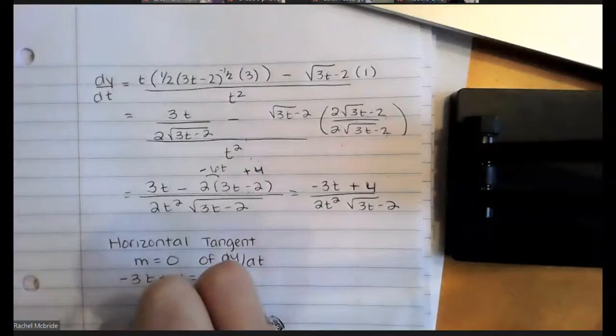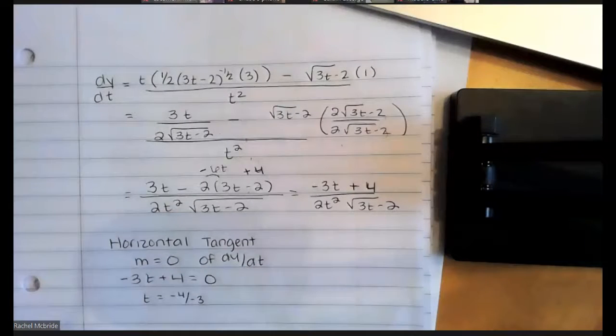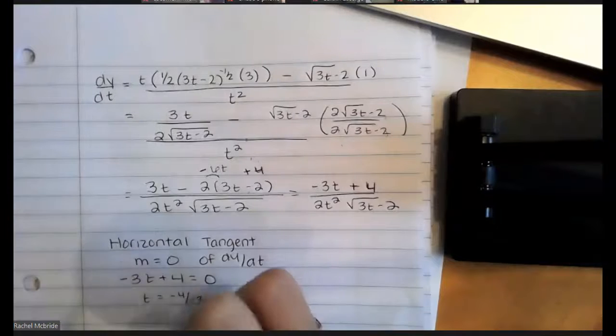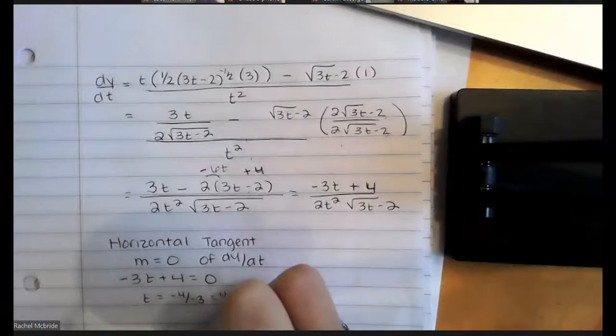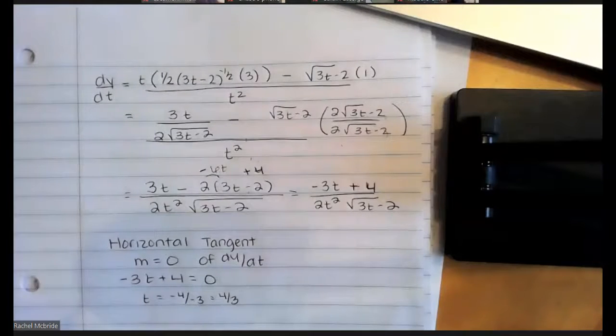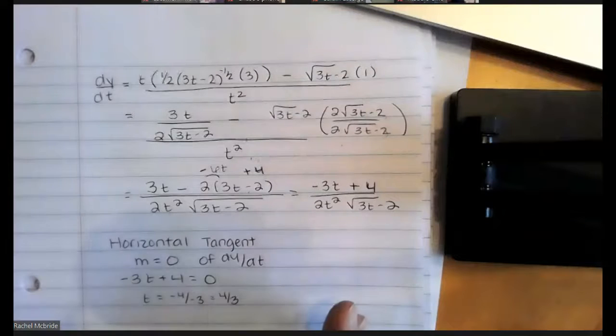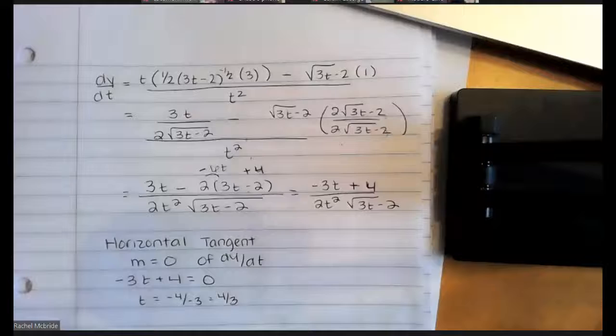So in this case, my horizontal tangent is negative 4 over negative 3, which becomes a positive 4/3. So what that means is that at 4/3, the slope of the derivative is equal to 0.